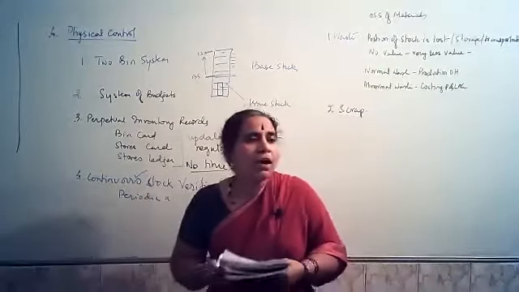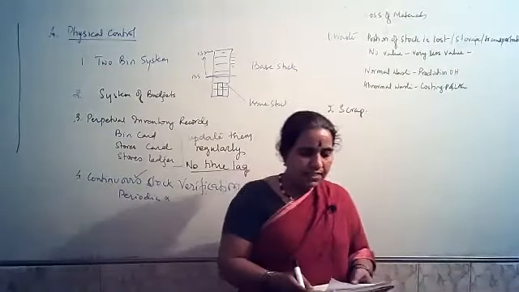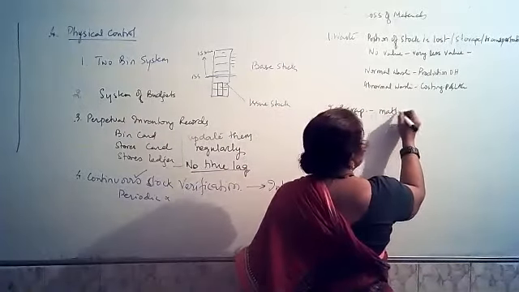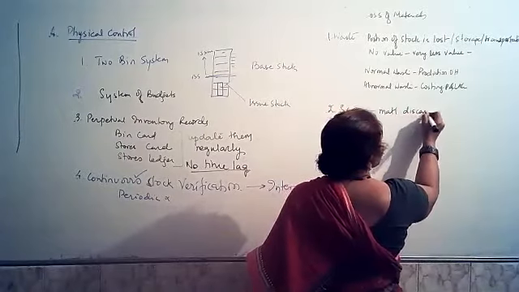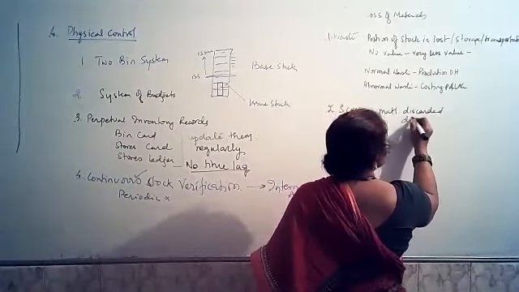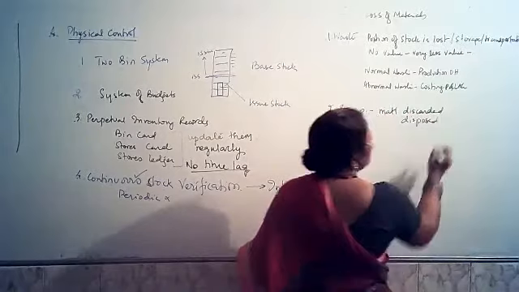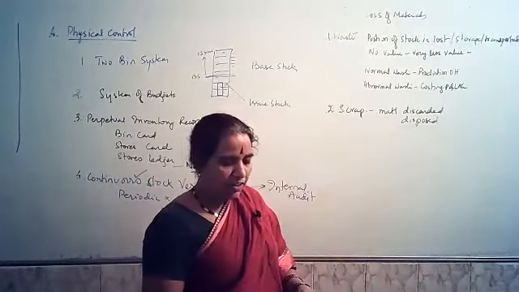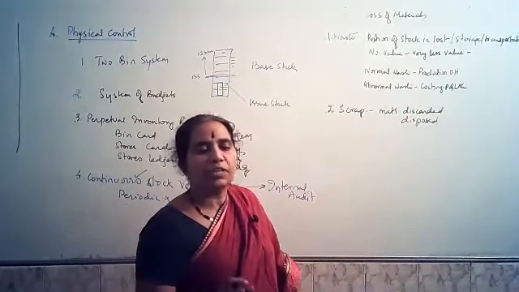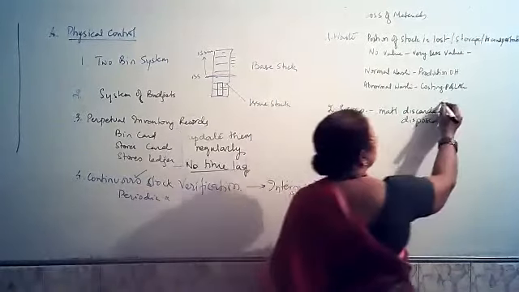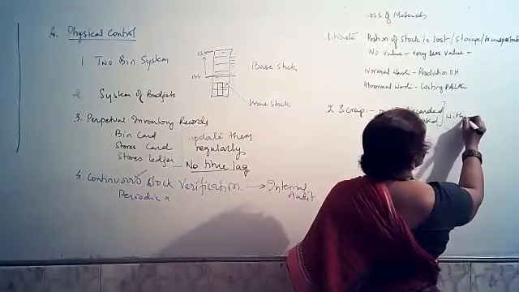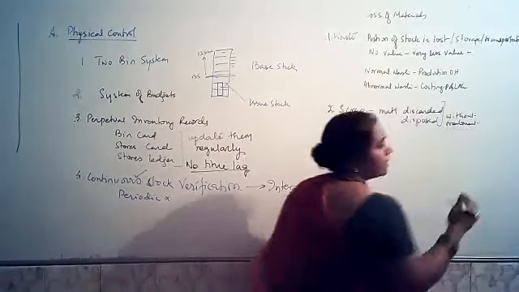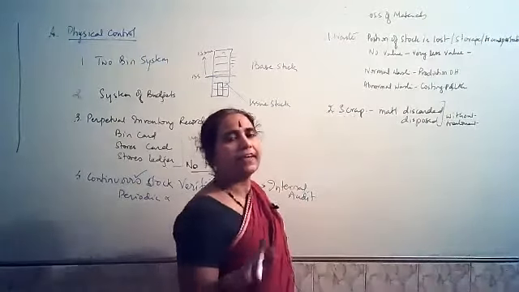Scrap is a material which is discarded or disposed of without treatment. You are not going to treat it in any way, not doing any repairs, nothing. You are discarding it completely.